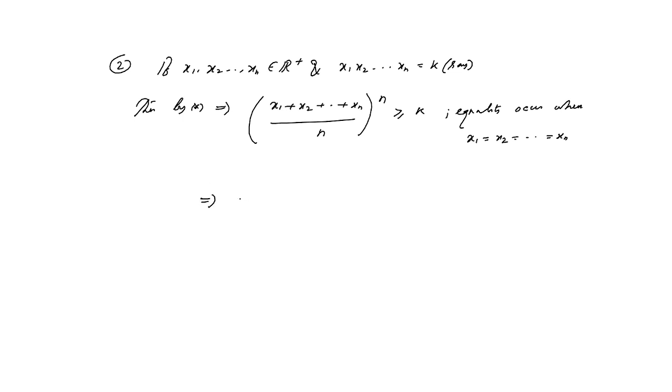From that, what we can write? (x1 plus x2 plus xn) by n, this is greater than or equal to k to the power 1 by n. Okay, and from that we can write x1 plus x2 plus dot dot xn, that value greater than or equal to n k to the power 1 by n.